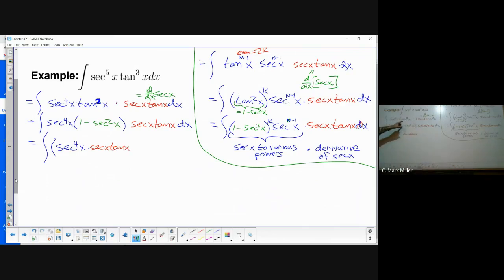Then I'm going to have secant squared times secant tan. Isn't it negative? The secant squared is. So secant squared times secant to the 4th, secant to the 6th, times secant tan.